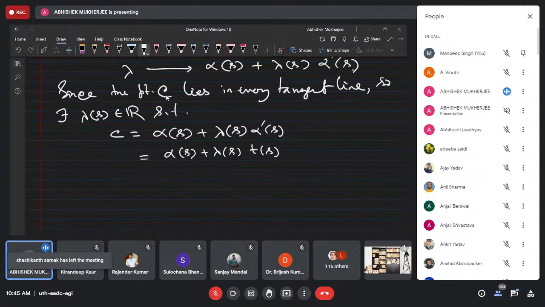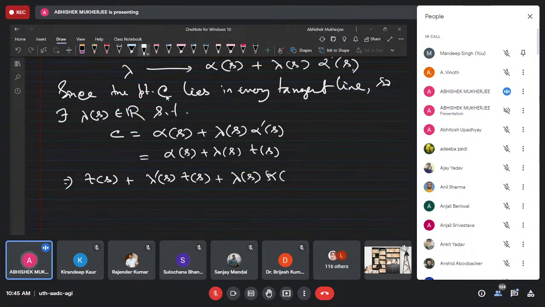Now after differentiating both sides, you will get ts plus lambda s kappa s eta s. Okay, this is 0.